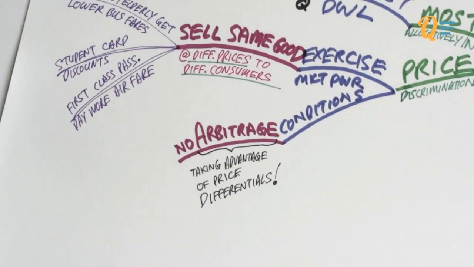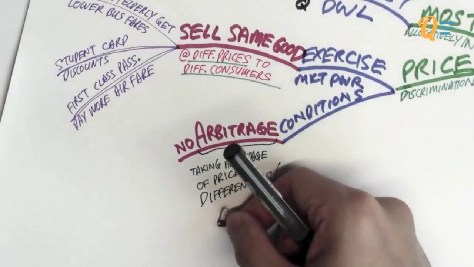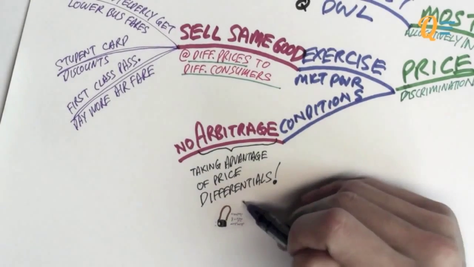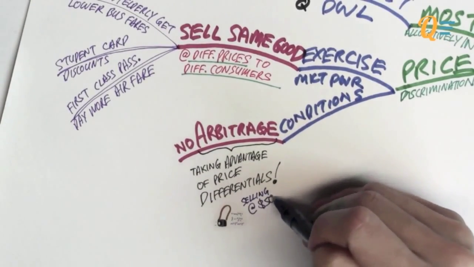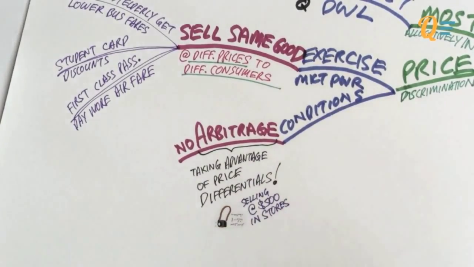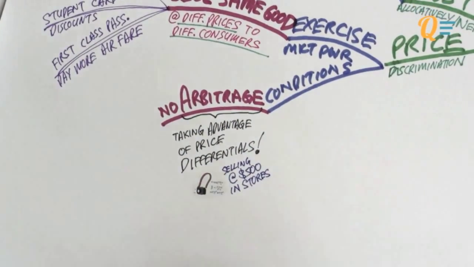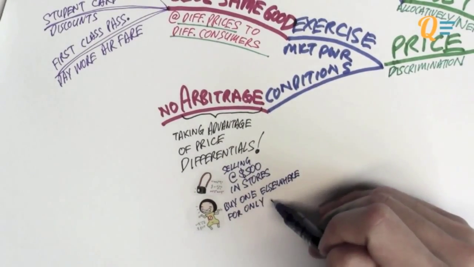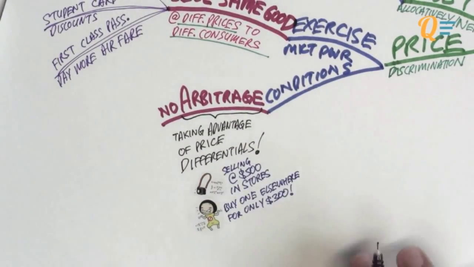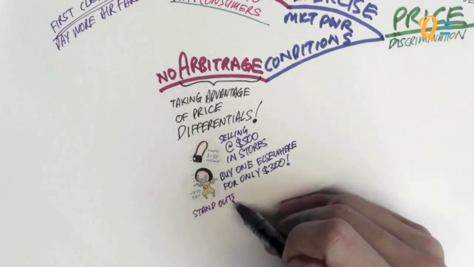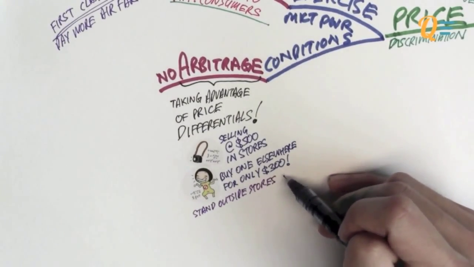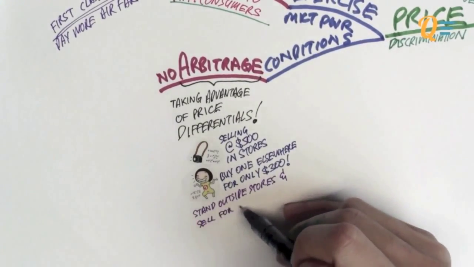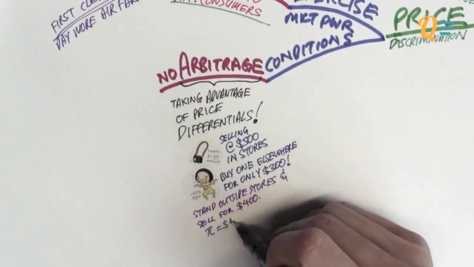To use a real-life example, let's say that there is a digital camera that is selling at $500 in stores. And then you came along and you are the only person in your neighborhood that knows where to buy one elsewhere for only $300. So you're really enterprising, right? You buy some of these cameras and you stand outside the stores and you sell these cameras for $400.